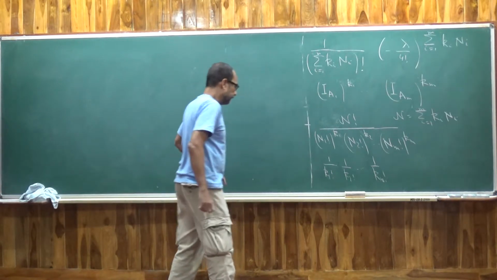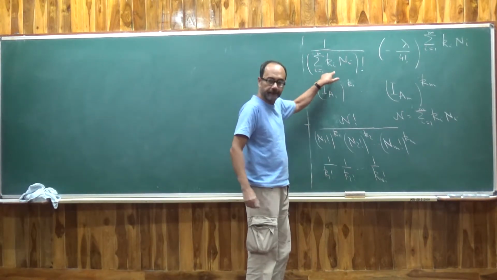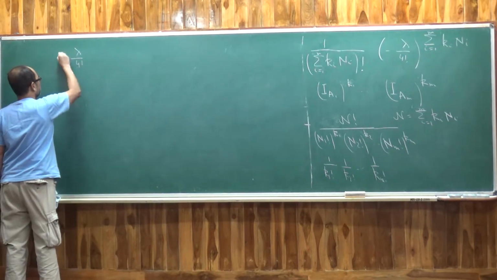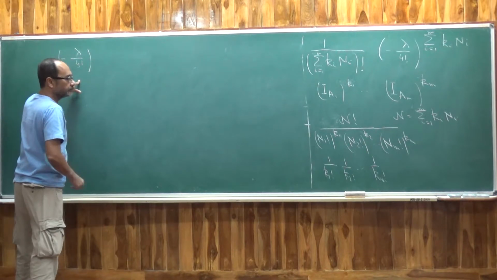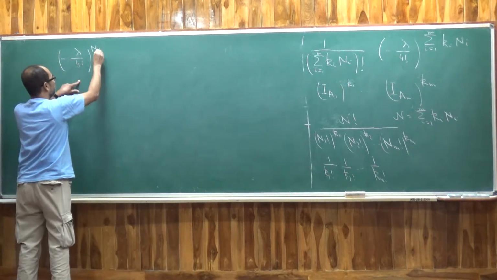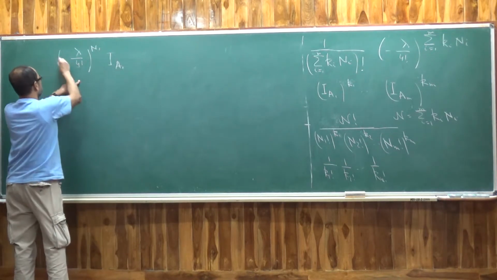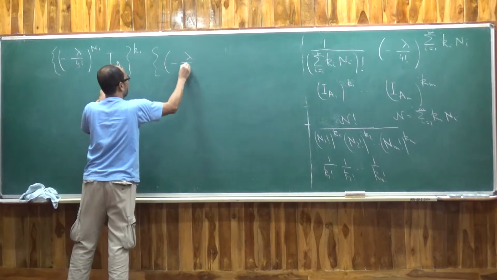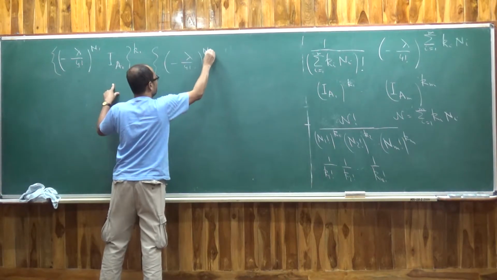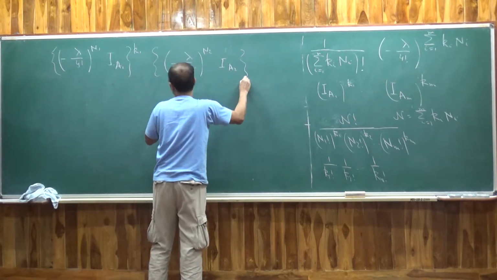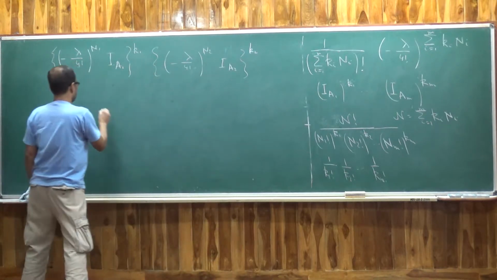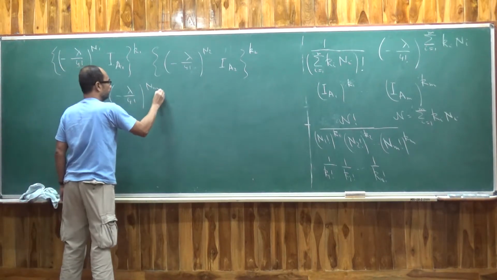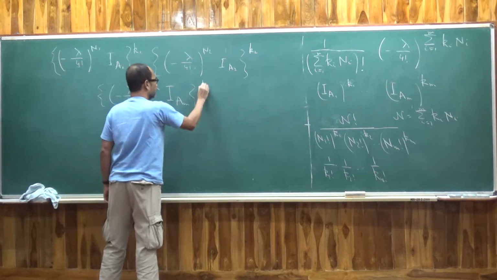So what we get, this one cancels this. So what we get is minus lambda over 4 factorial to the power n1 times I a1 to the power k1, then minus lambda over 4 factorial to the power n2 I a2 to the power k2, up to minus lambda over 4 factorial to the power nm I m to the power km.